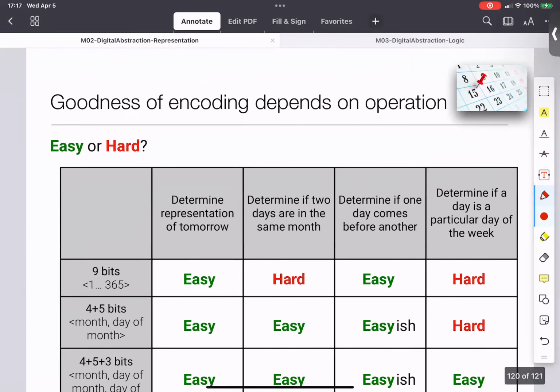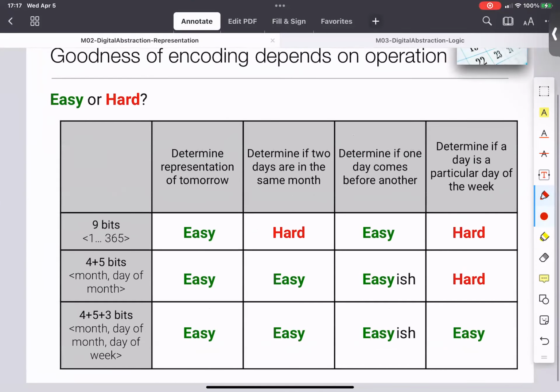The takeaway is that depending upon the representation, operations become easy or hard, and one just has to be aware of it. Oftentimes, right near the input of the system, you convert the representation into something that is easy to work with.